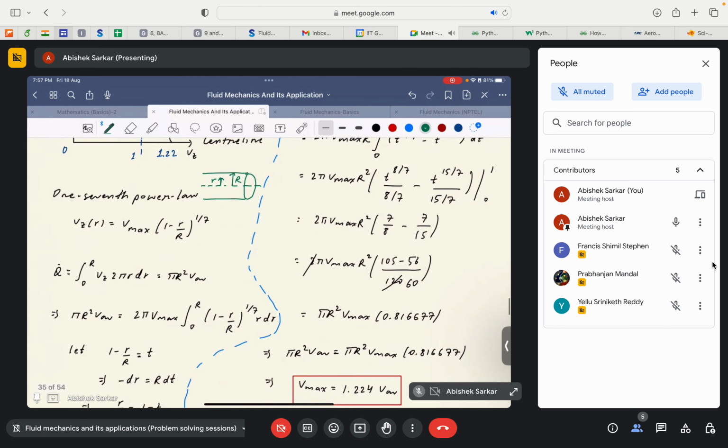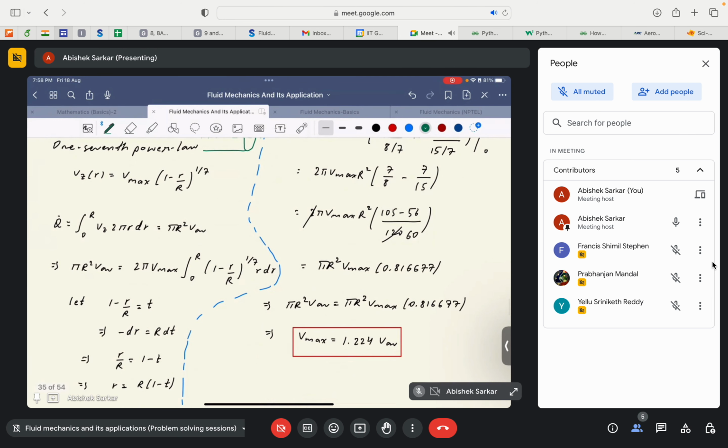Then, following similar calculations, we evaluate the same integration. We know V(r), and we know the elemental area. The elemental area will remain the same no matter what the flow is, laminar or turbulent. It is a geometrical feature that only changes with the geometry, so this will remain constant. And again, pi r square times V average, the same concept of average velocity.